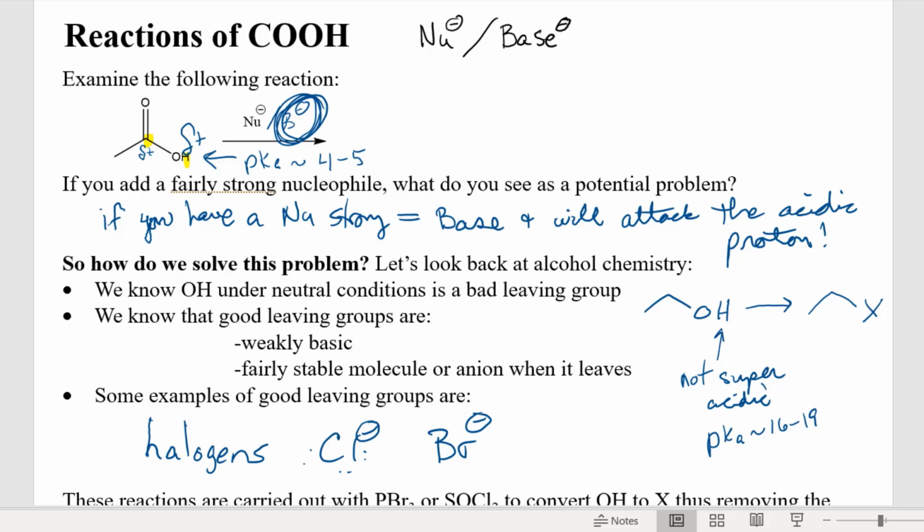Why? Because they're greedy. They're very electronegative. They don't want to share because they're greedy. Again, the more electronegative you are, the more greedy you are, the less you want to share your lone pair. So they are weakly basic, and because they're atoms that are very electronegative, they're fairly stable as anions when they leave.